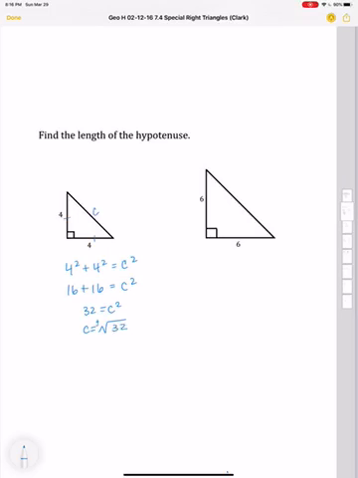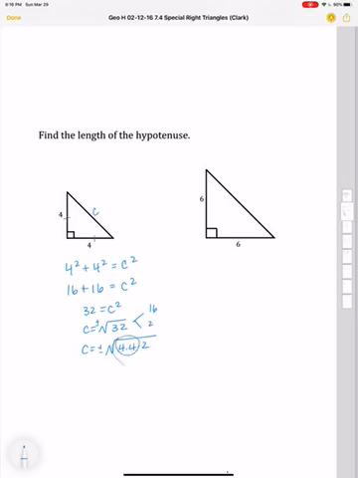And let's see, what's the square root of 32? I know that that's 4 times 4 times 2, because I knew it was 16 times 2, right? 16 times 2, because I just added two 16s together.